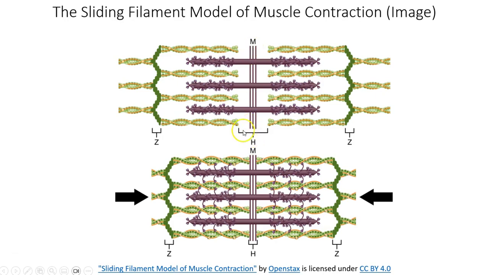All right, so we're shortening this H band quite a bit, pulling those Z lines closer to that M line in the middle. But again, the actual size of the filaments is not changing. So actin and myosin filaments are not getting shorter or longer. They're just sliding past one another. And I've got a little animation here in a couple slides to show you.